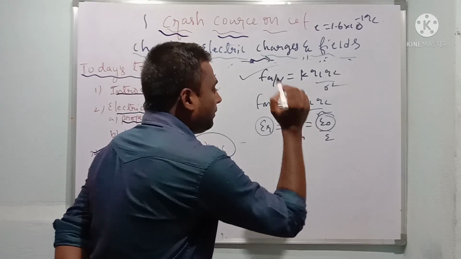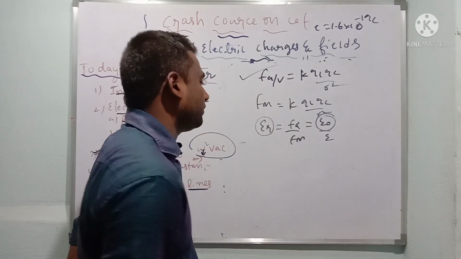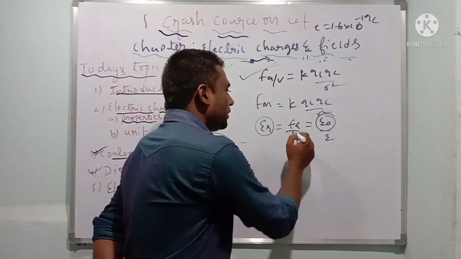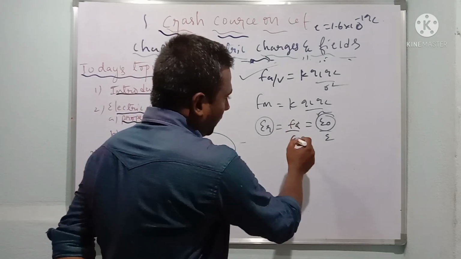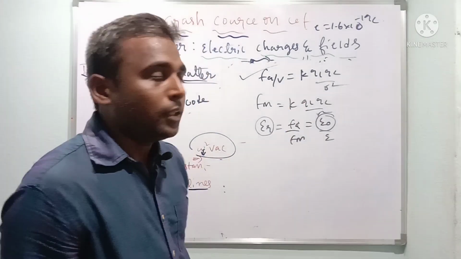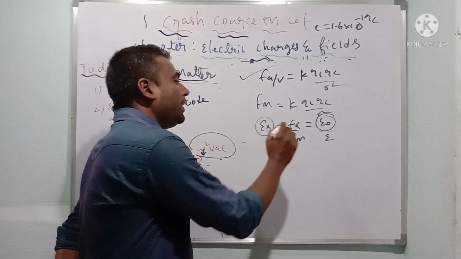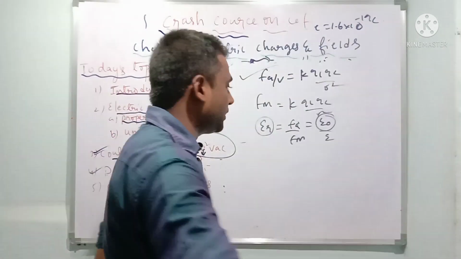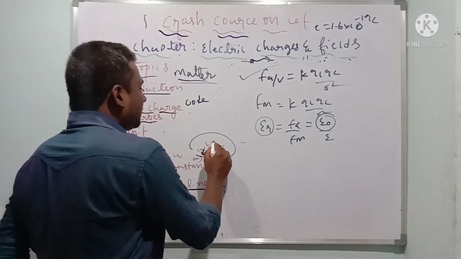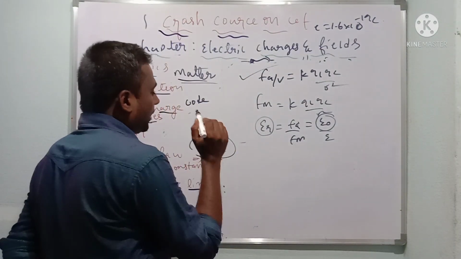Here it is a dimensionless unit, because the force unit Newton will cancel by Newton. So it is a dimensionless physical quantity. V means vacuum, that is equal to 1.